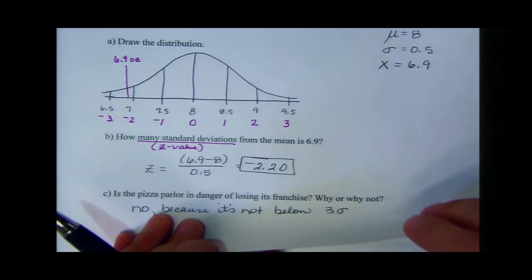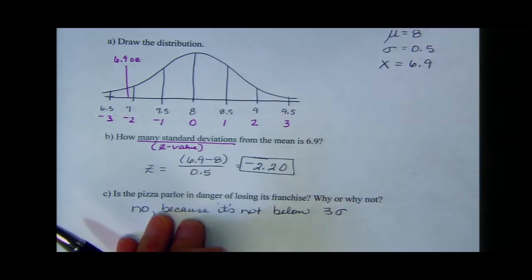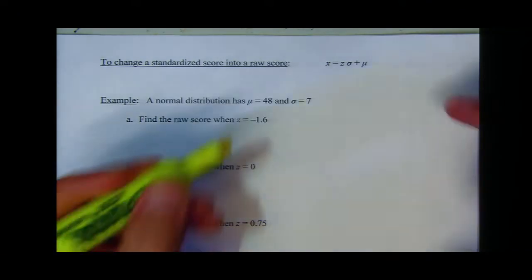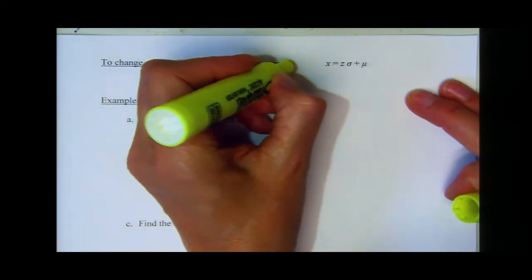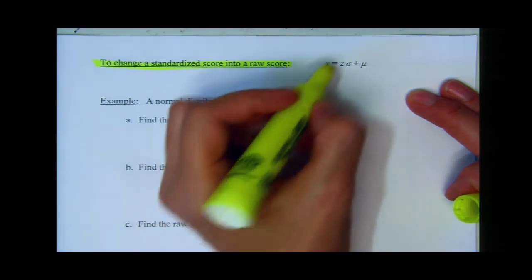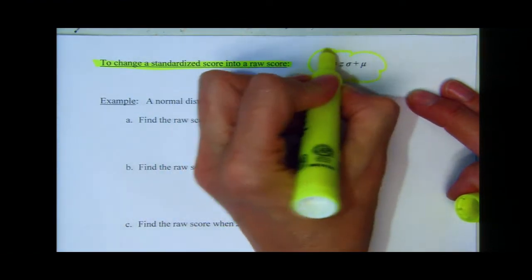Okay, so these are 2 examples of when we're given the X value, we're given the raw, and we calculated the standardized number, or the Z value. So now we're going to look at doing that the other way. So now we're going to be given the standardized, and we want to then find the raw. So that's this formula here.